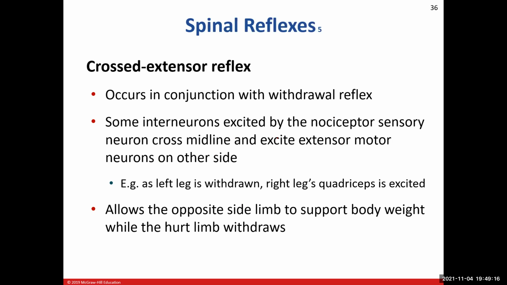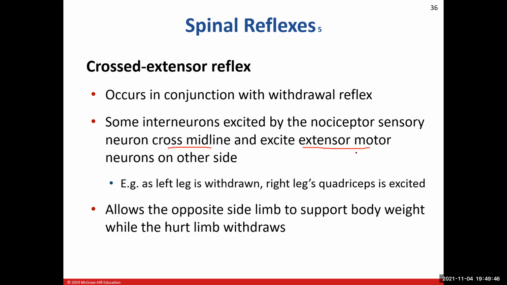So as the withdrawal reflex is occurring, at the same time, some interneurons are going to decussate and cross over the midline, and they're going to stimulate the extensor muscle group on the other side of the body. And it will make sure that your leg stays straight, so your knee does not bend.